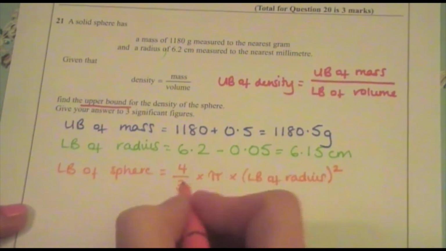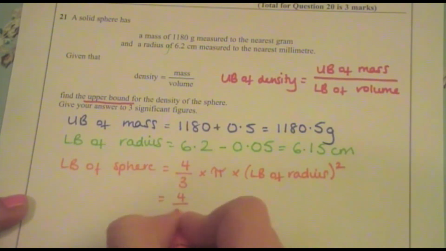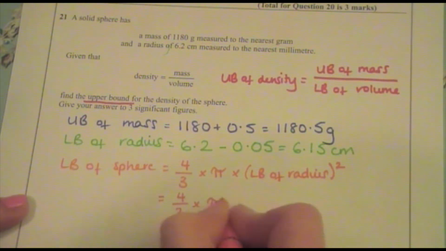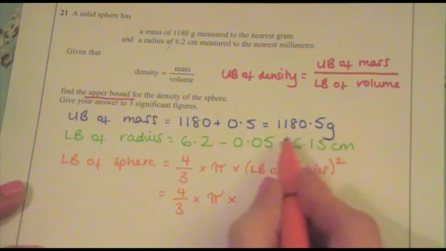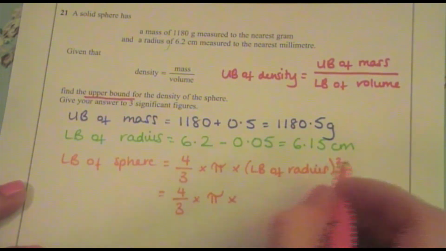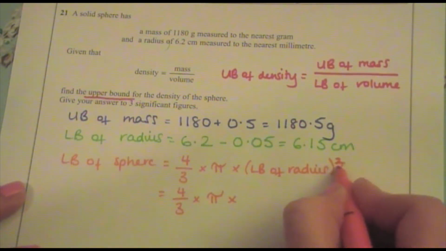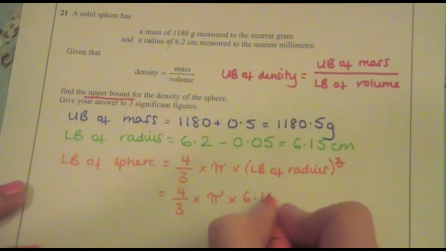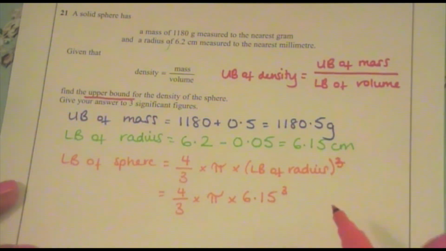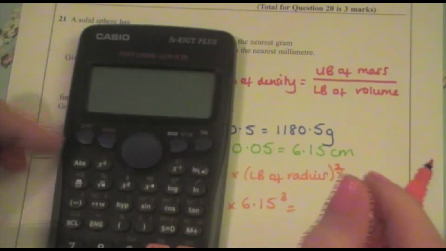So now I'm going to substitute in the values. So I've got 4/3 multiplied by pi, and then I need to do my lower bound of my radius, which is here, 6.15. Oh, sorry, it's not squared, it's cubed. Sorry, it's a radius cubed. So I'm going to have 6.15 cubed. And then type that into my calculator.